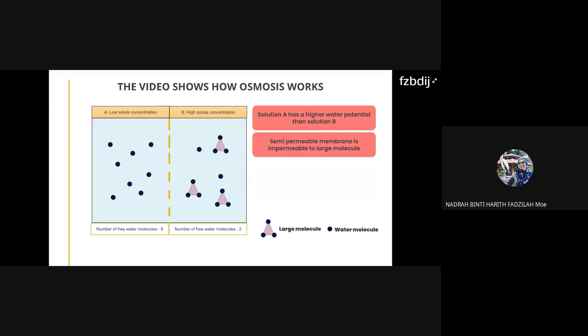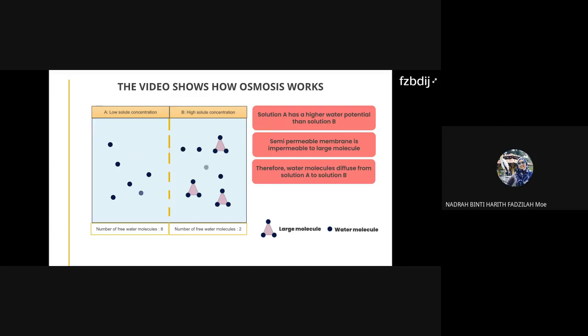So large molecules cannot move from solution B pergi solution A. So instead of balancing the concentration of solute, kita balancekan the concentration of water. Therefore, water molecules diffuse from solution A to solution B.